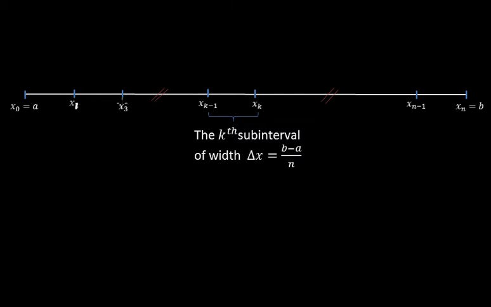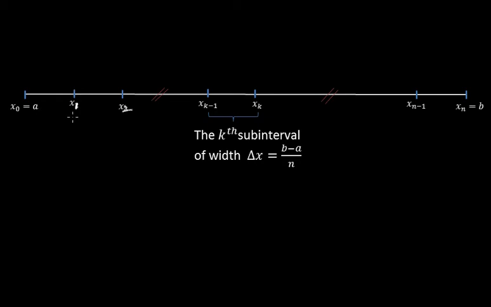This should be x1 and x2. So we have x naught or x0 equals a, then x1, x2. The little red hash marks mean, and it goes on, and then we get to the arbitrary subinterval, the kth subinterval. And it's x sub k minus 1 comma x sub k. Right here is the kth subinterval.